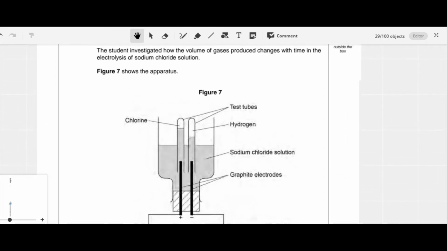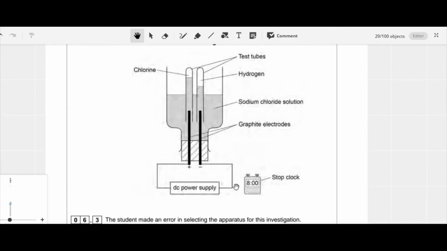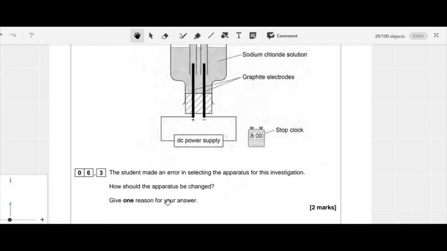Now the next one. The student investigated how the volume of gas produced changes with time in the electrolysis of sodium chloride solution. Figure 7 is given, showing the apparatus. The student made an error in selecting the apparatus for this investigation. How should the apparatus be changed? Give one reason for your answer.